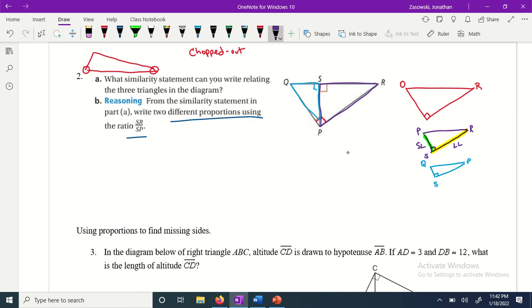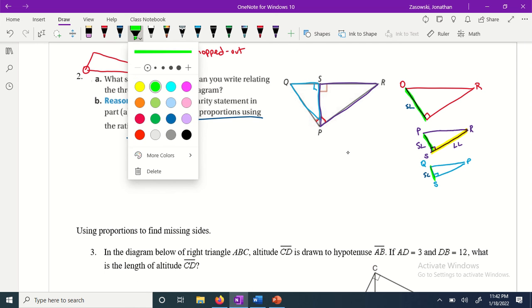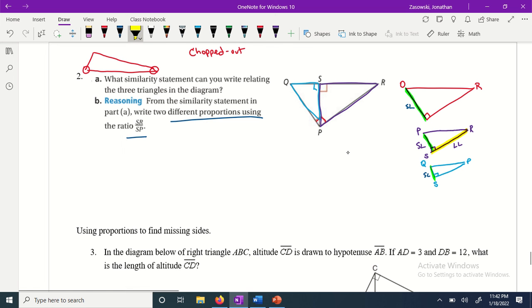So we want to identify those two sides in the other triangles. The short legs are OP and QS. Those are the two short legs in my triangles because they're all on the bottom, the left side here. The other side we're talking about is the long leg. That would be these two sides. These are the long legs.